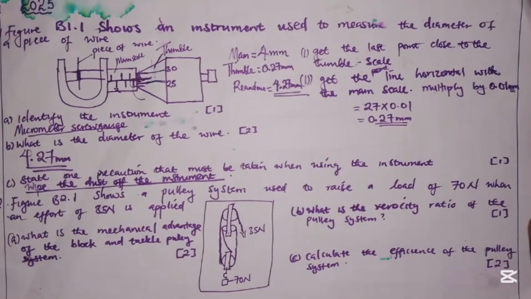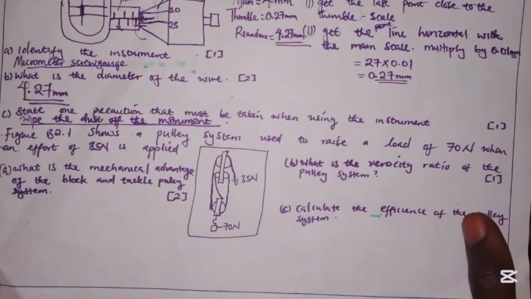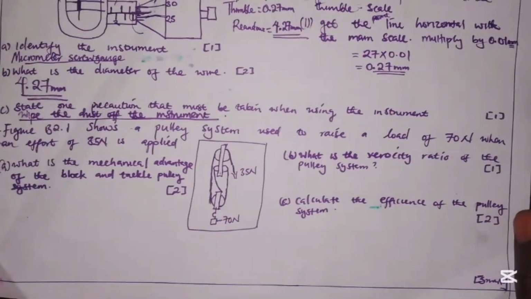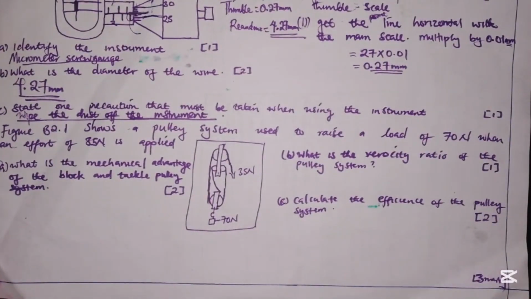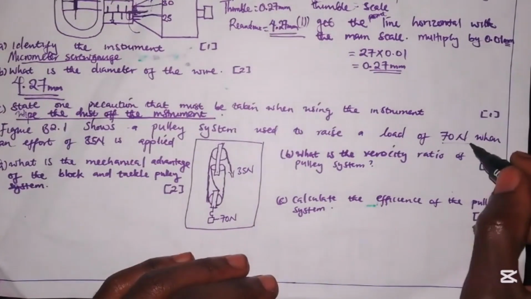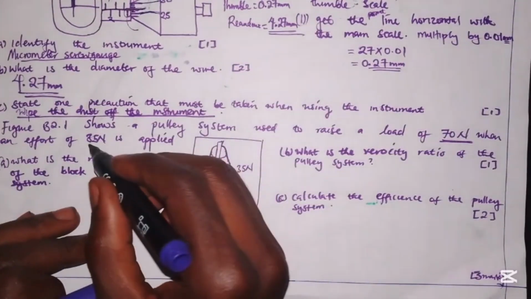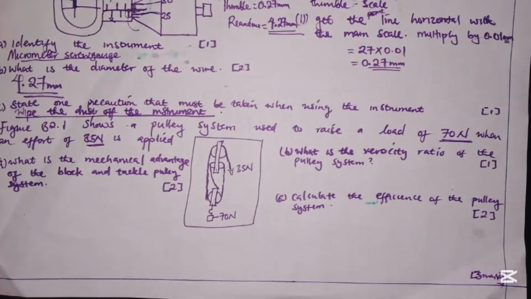So moving on to our second question, which is on simple machine. So the question is saying figure B2.1 shows a pulley system used to raise a load of 70 newtons when an effort of 35 newton is applied.